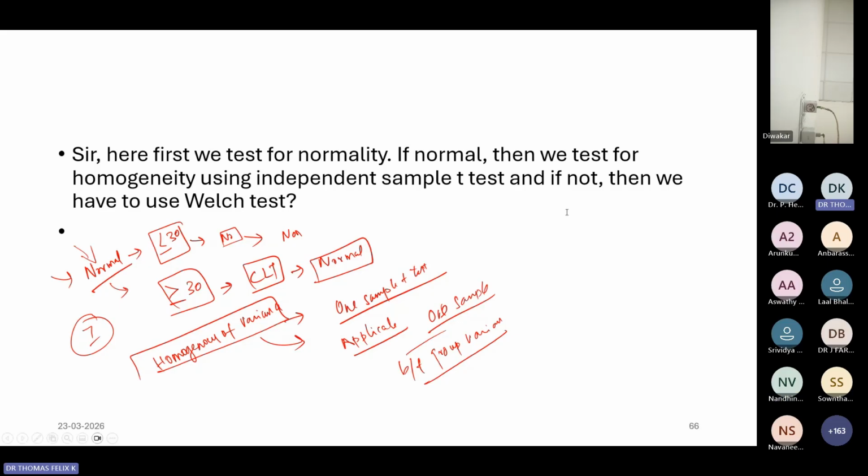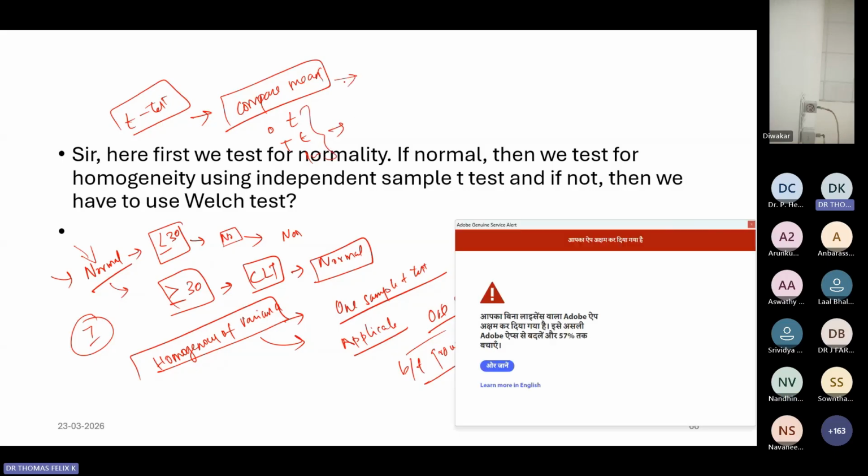Next question: from the independent t-test, can we identify the positive or negative correlation? Here you need to know what the use of the t-test is. The t-test is to compare the means. If your objective is to compare the means, you can use either a one sample t-test, two sample t-test or paired t-test according to your data as well as objective.